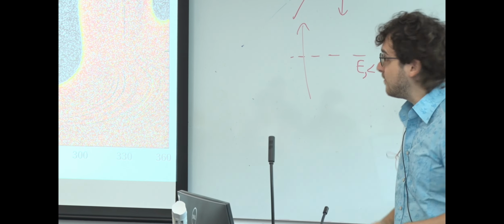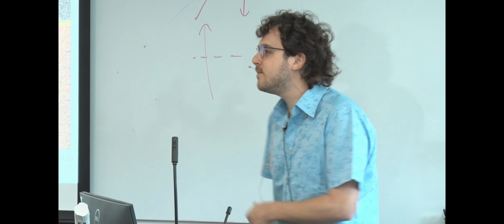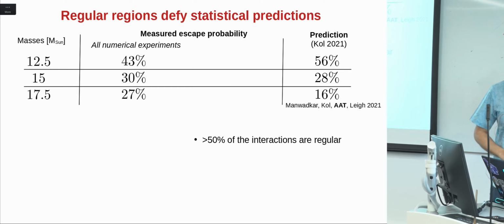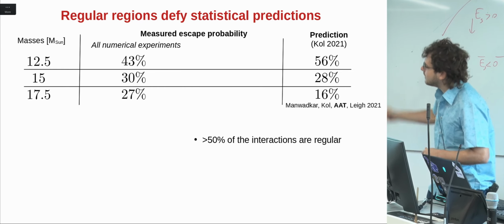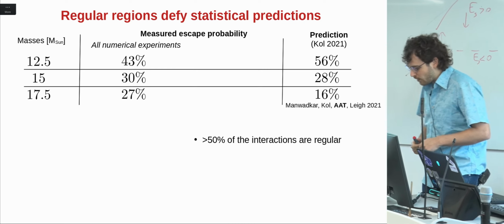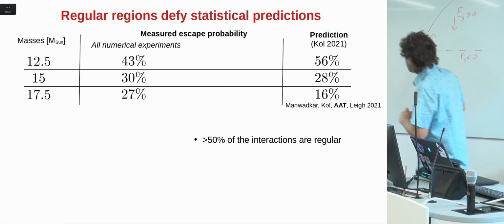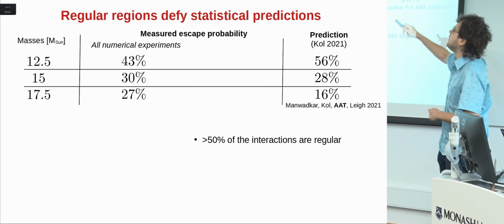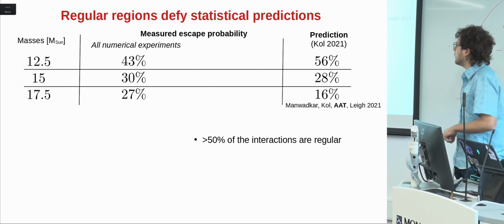But we also have to have some constraints on how long we want to integrate the system. If we take all these interactions and compare, for example, the probability for a particle of a given mass to escape with the theory, we're going to be surprised. Here the masses are slightly unequal, so it's a bit more unintuitive to know what to expect.